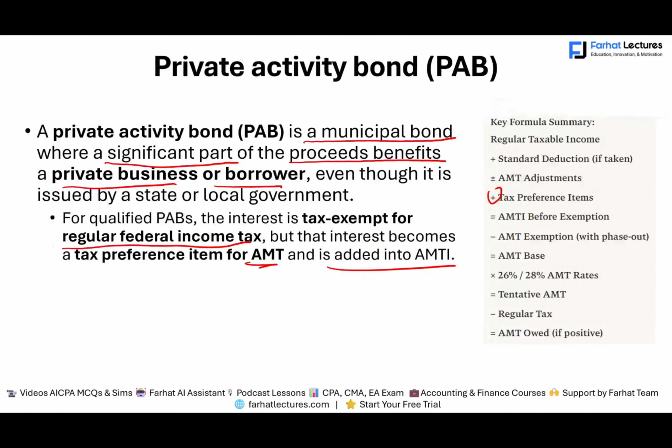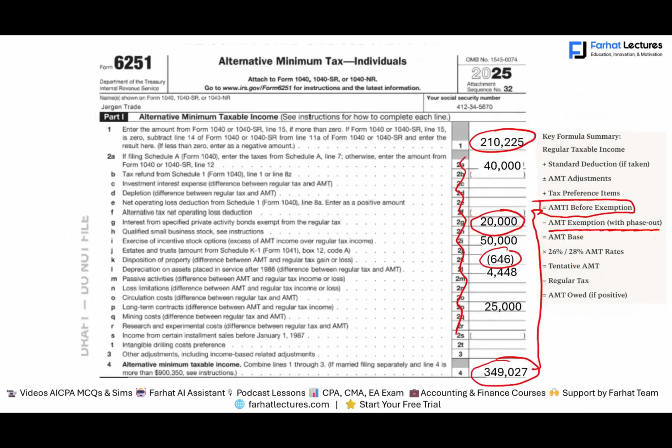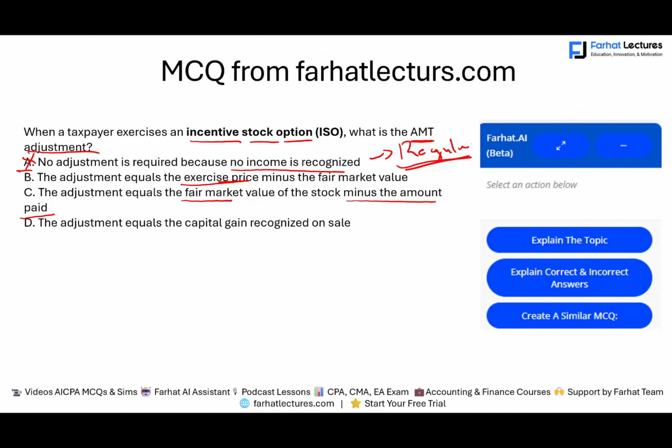Therefore, the adjustment is the fair market value minus the amount paid, which is the exercise price. So this is the proper computation. Fair market value minus the amount paid, not the exercise price minus the fair market value, because that is 13 minus 18, negative 5. It just doesn't make any sense.